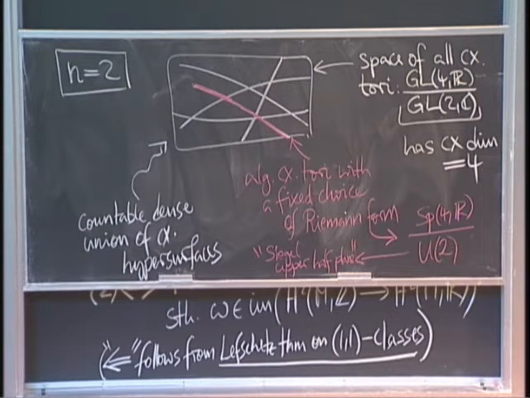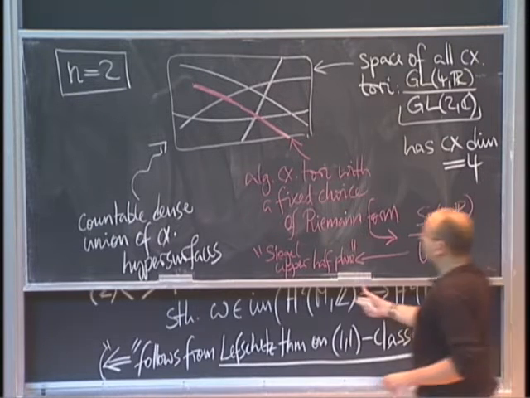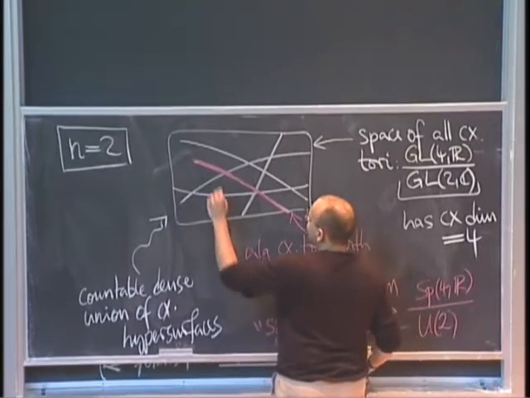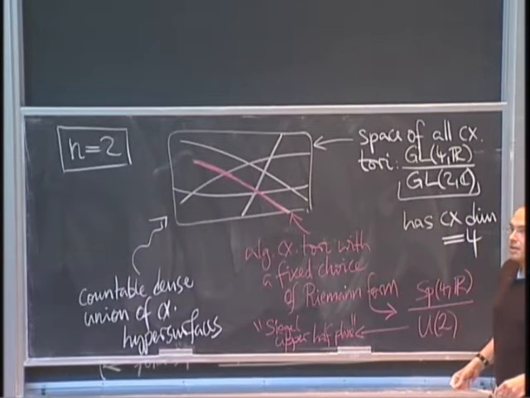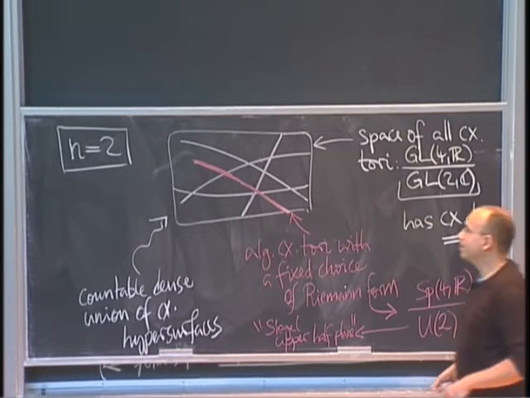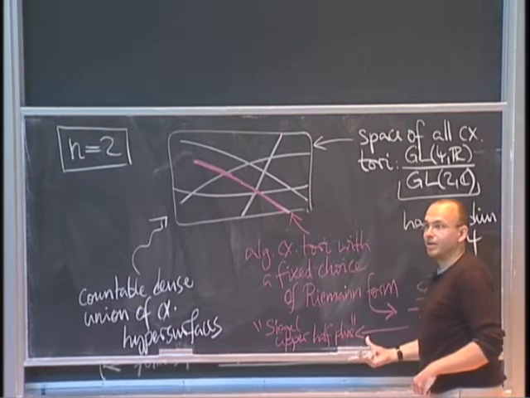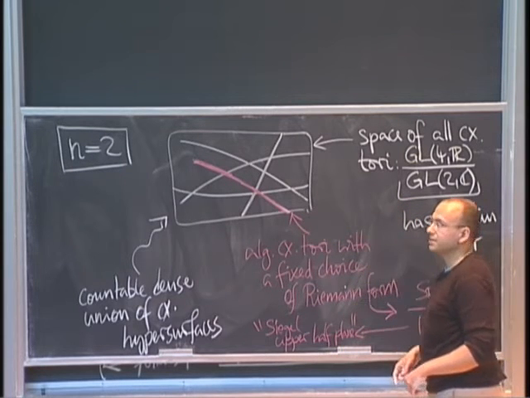And then you might ask, how can I see the non-algebraic guys? Is there any way of describing them? And so what's actually true is that it's copies of the Siegel upper half plane, countably many, and the union is dense.